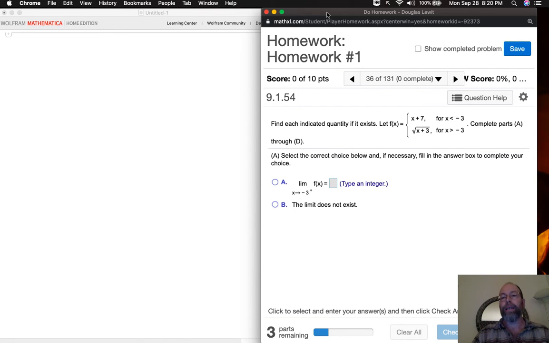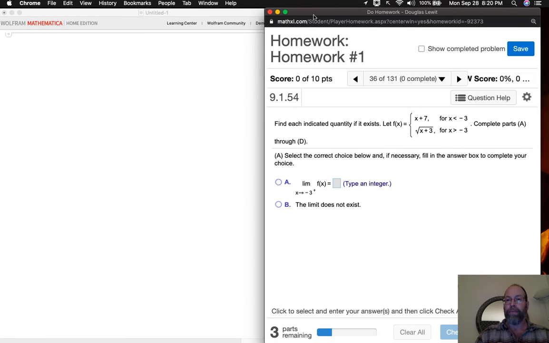For x less than -3, the definition is x plus 7. For x greater than -3, the definition is the square root of x plus 3. Complete parts A through D. Part A, select the correct choice below, and if necessary, fill in the answer box to complete your choice.